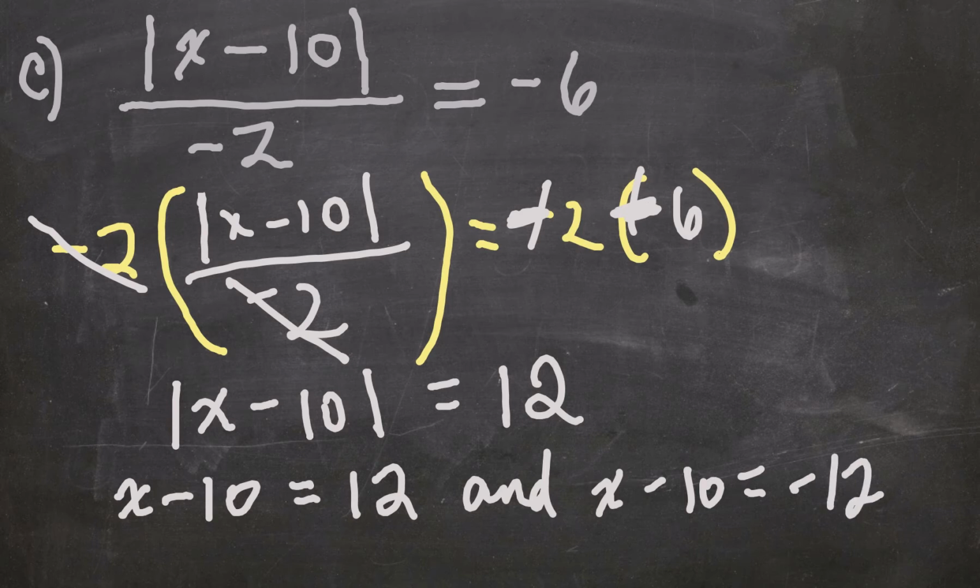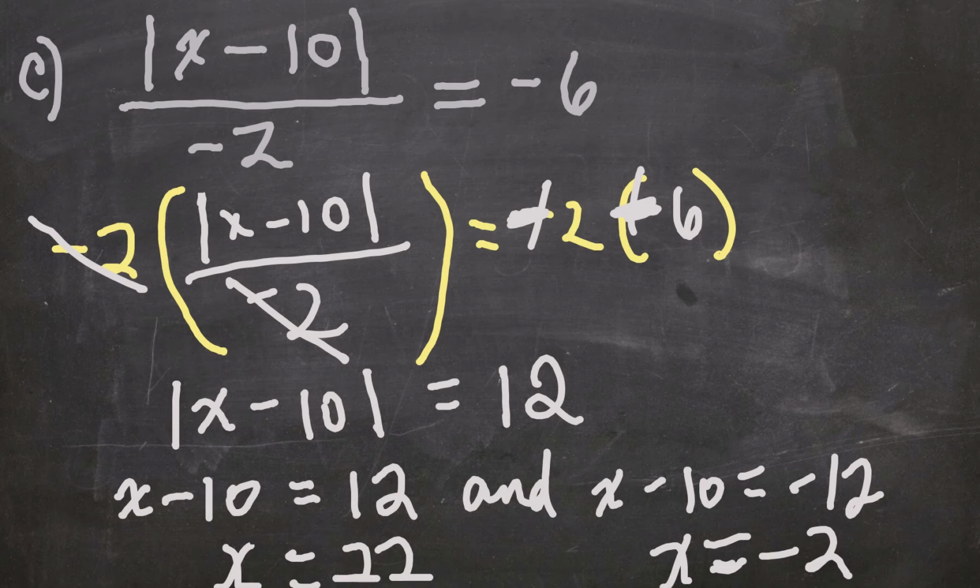That's the thing that goes to positive and negative, the number side, not the absolute value side. Now we can solve these by adding 10 to both sides, right? So we'll add 10 and we'll end up with x is equal to 22 and x is equal to what? If you add 10 here, we're going to get negative 2. Okie doke.